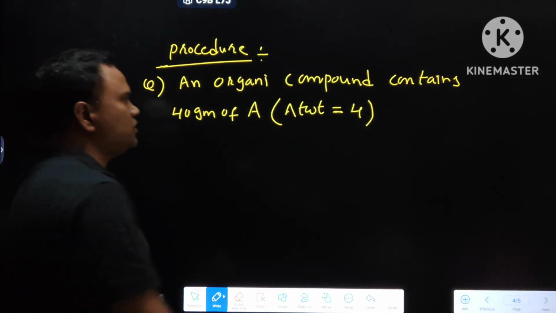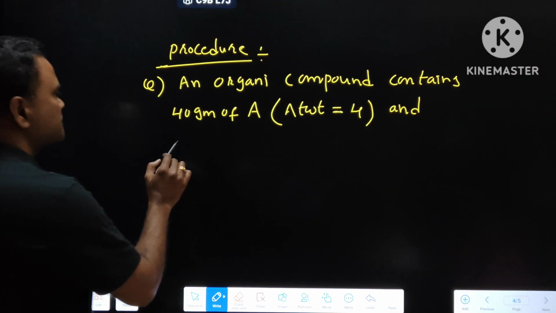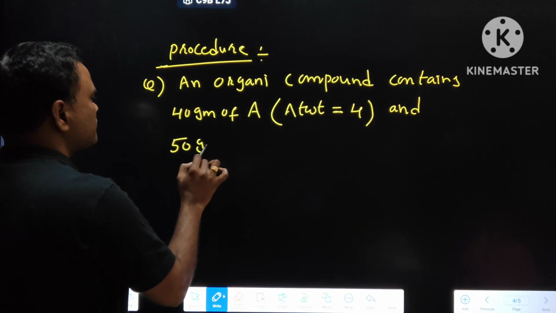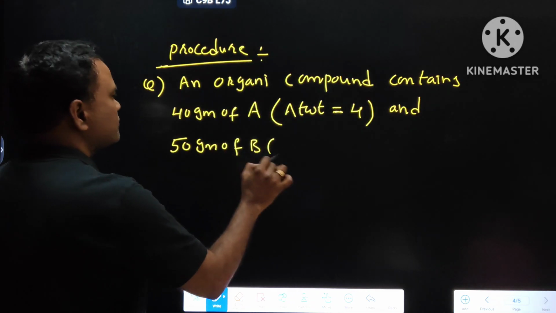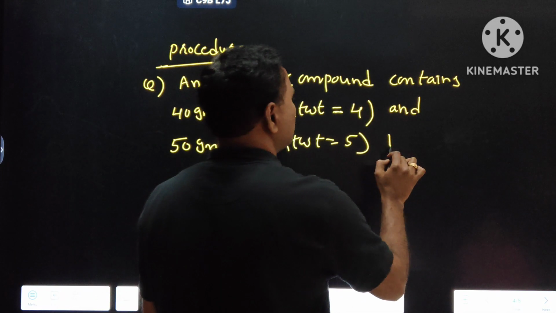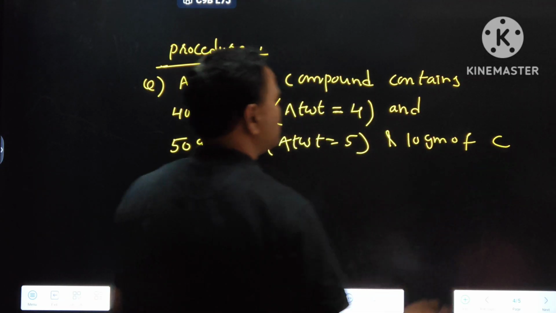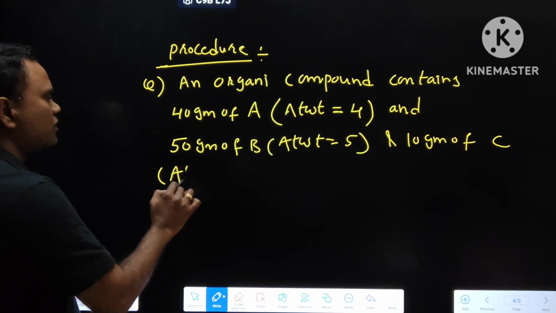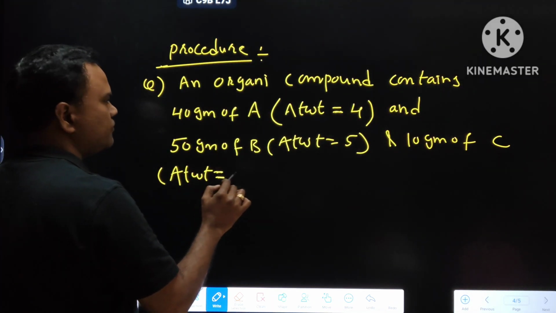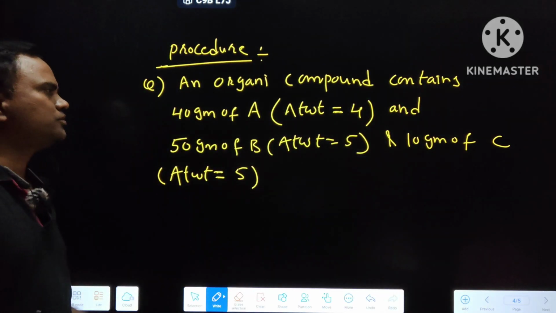Okay, I'm giving random numbers. And 50 grams of B, within the bracket atomic weight is 5, and 10 grams of C, within the bracket atomic weight is equal to 5. Find empirical formula.